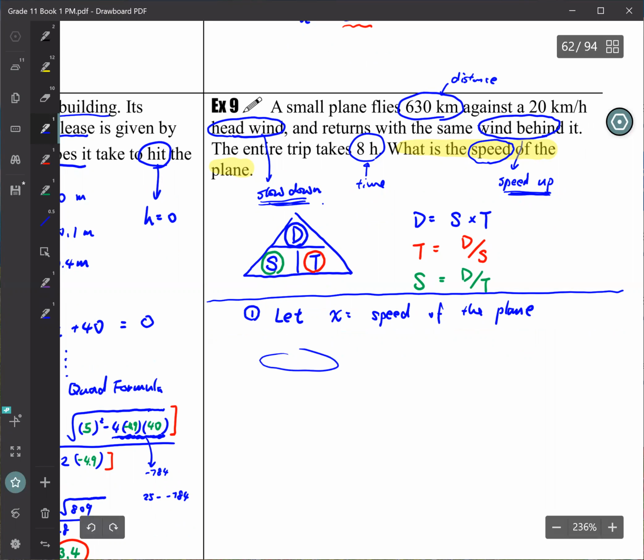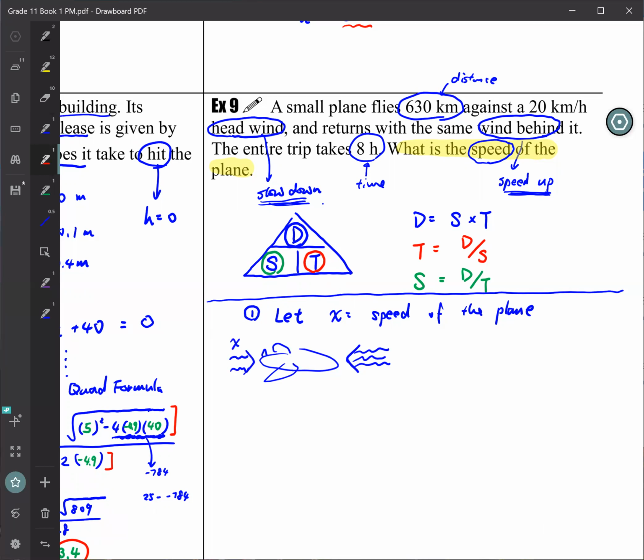So you have an airplane, right? Here's the airplane. You have the going, going against the wind. So there's a wind blowing, right? And the airplane is flying at x kilometer per hour. And then the wind, I'll use a different color.